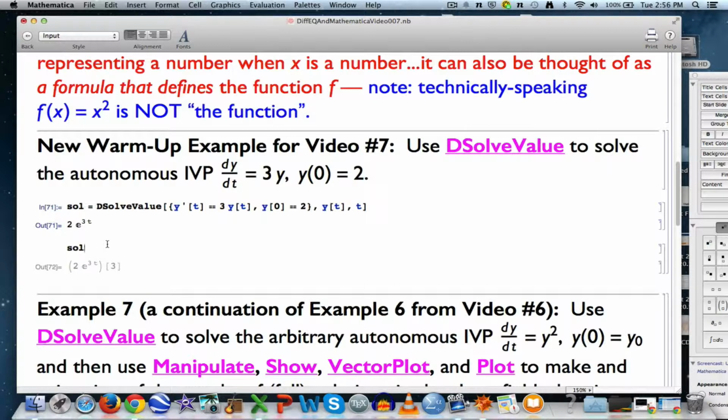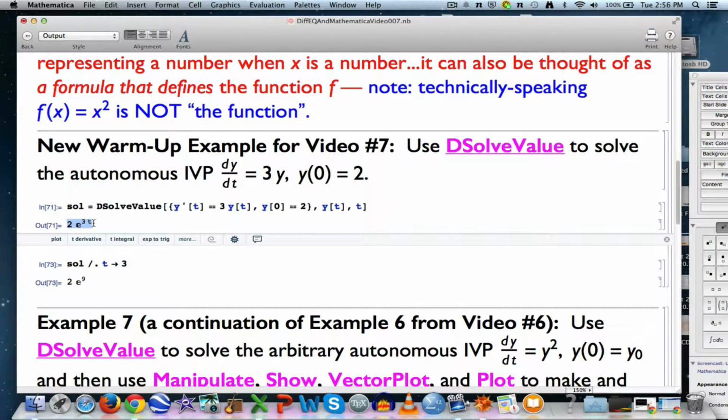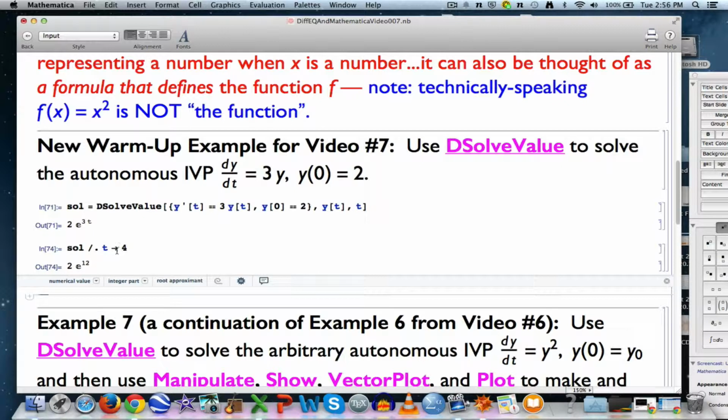If you go sol slash dot and then t arrow 3, so I'm combining those two operators, that will calculate this expression value when t is replaced by 3 or 4 or whatever you want to replace it by. Okay, so it's a subtle thing here.